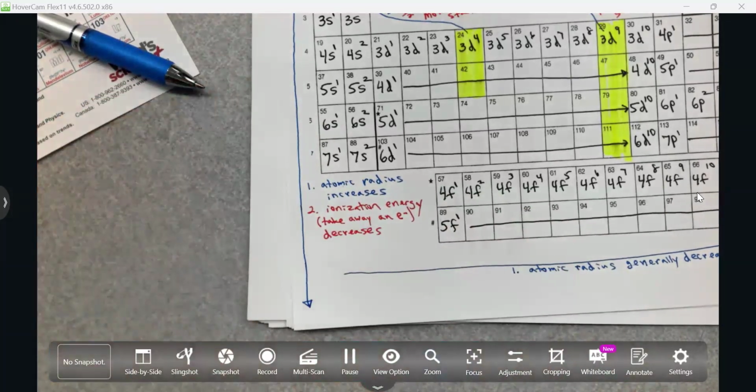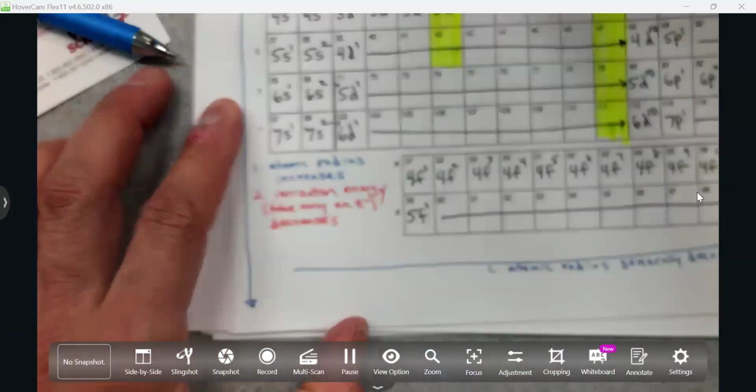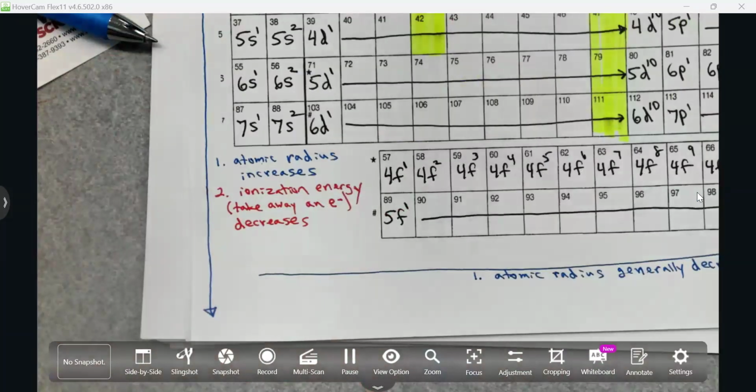So it decreases. That's why all of those elements on the left form a positive ion. How do you form a positive ion? You get rid of an electron, right?